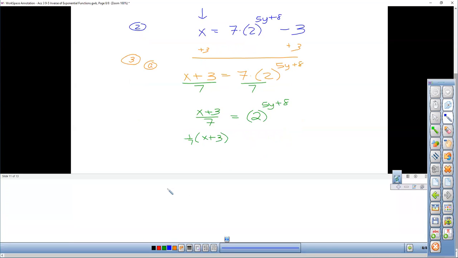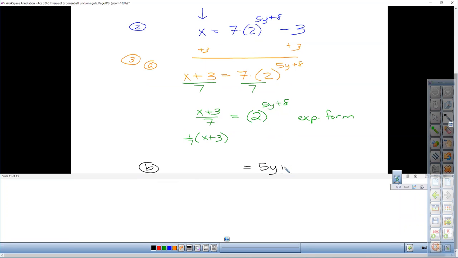All right, so now what I've got is my power isolated. So now that I've isolated the power, that is my exponential form. So from there, my next step, part B, is the logarithmic form. So logarithms are always equal to the exponent, which is the 5y plus 8. Over here, I'll use my log symbol followed by the subscript base.